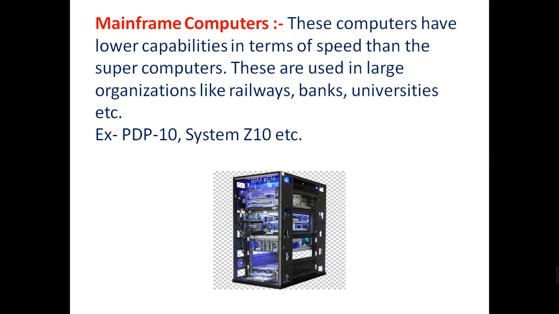These computers have very huge storage capacity, and that is why these computers are used as internet server also. Means these computers store very large amount of data in it, and now it can provide those data to different users. For example, you can see PDP-10, System Z10.